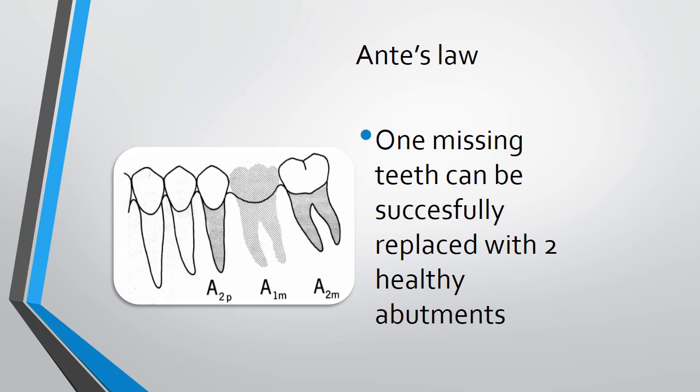A clinical situation like a missing first molar can be replaced successfully with the second premolar anteriorly and the second molar posteriorly. The combined periodontal membrane area of both these abutments will definitely be greater than the tooth to be replaced.